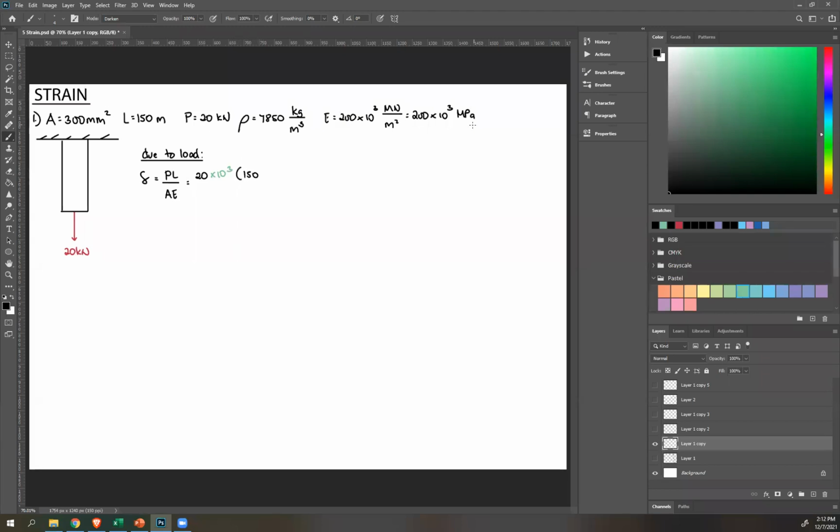Again, I want that in millimeter because it's Newton millimeter. So I'm gonna multiply it by 1000 again or times 10 raised to 3. They're the same thing. Meter to millimeter. And then over A, 300 already in millimeters, so that's great. And then E, 200 times 10 raised to 3. From this, please solve what's delta.